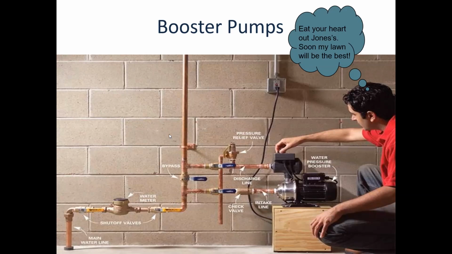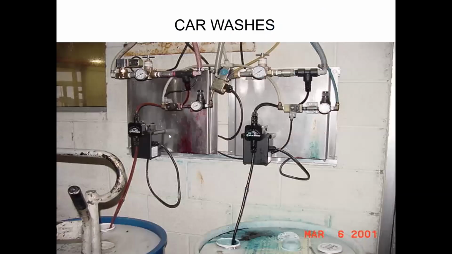One of the ones, in terms of the complexity or the amount of things that we're going to have to protect against, that's kind of towards the top of the list, is going to be car washes. I don't know if anyone has had a chance to see behind the curtain of a car wash. There is a lot going on back there.